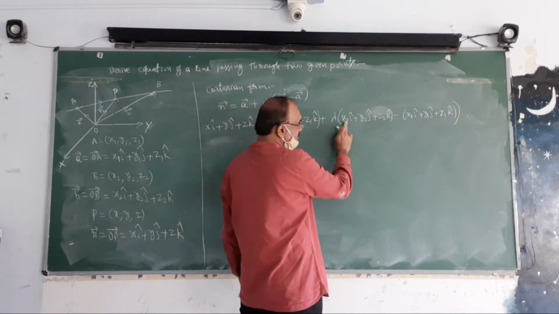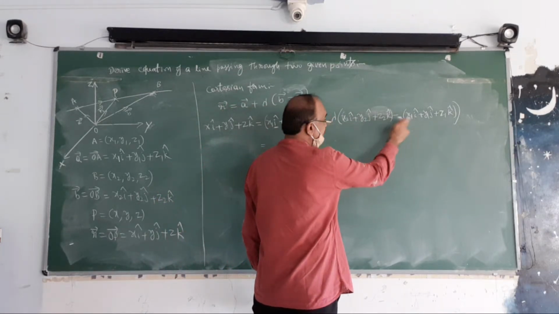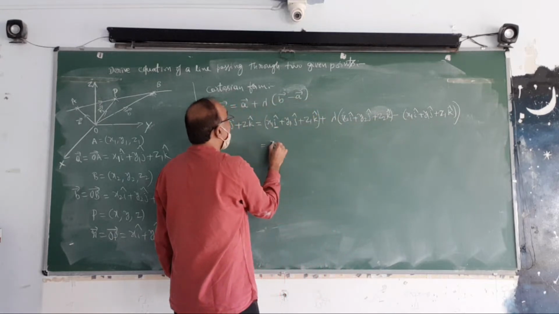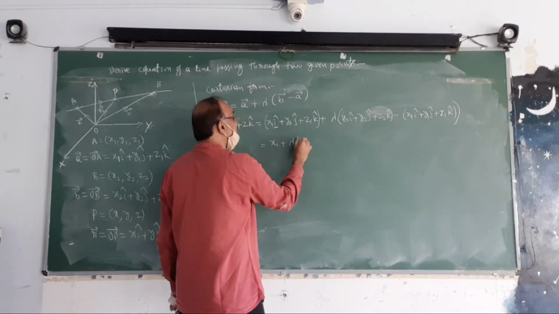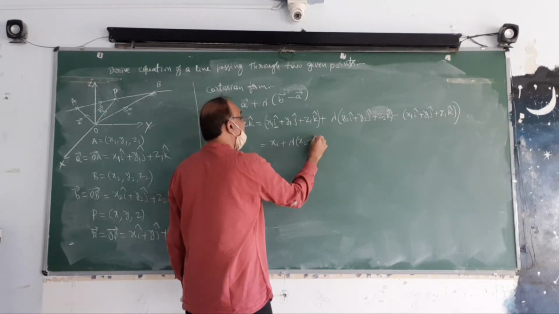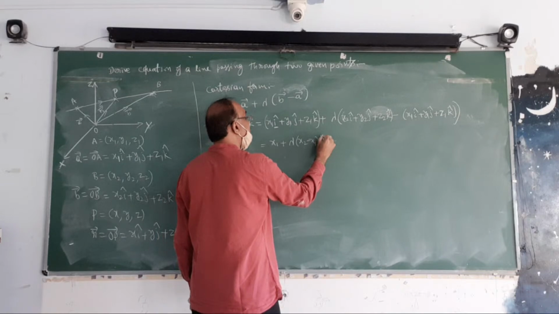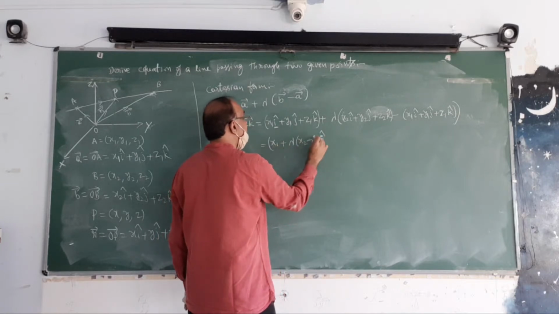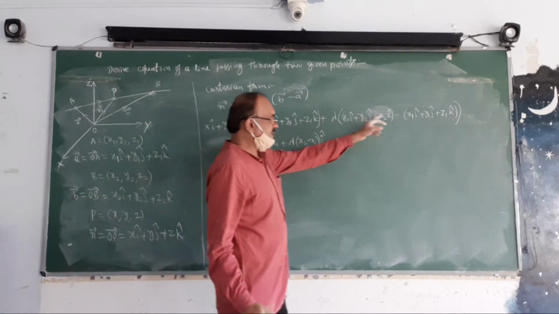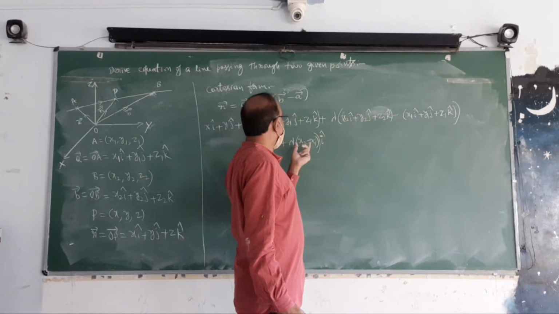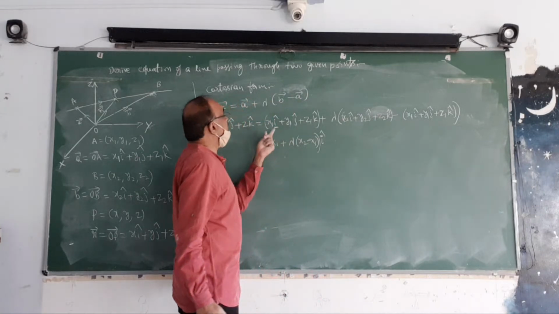Here lambda times x2 minus x1. So I can write x1 plus lambda times x2 minus x1. This entire thing is i. I can construct this: x2 minus x1 times lambda plus x1. This is your i component.